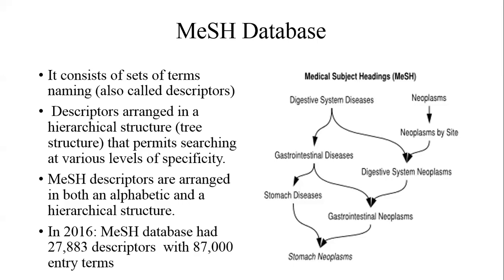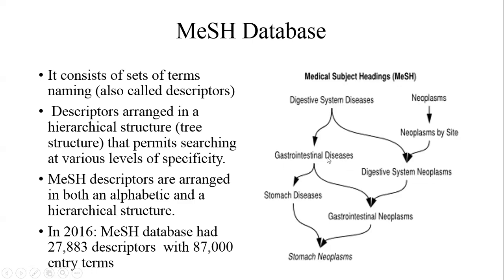And this arrangement in a hierarchical or tree structure permits the user to search at various levels of specificity. Okay, so say for example, to make my point clear, now consider the right hand side of this slide. You can see over here that we have tried to arrange these medical subject headings, or MeSH terms or MeSH descriptors, into this tree structure as shown over here. As you can see, you have digestive system diseases, which in turn can be classified into either gastrointestinal diseases or digestive system neoplasm.